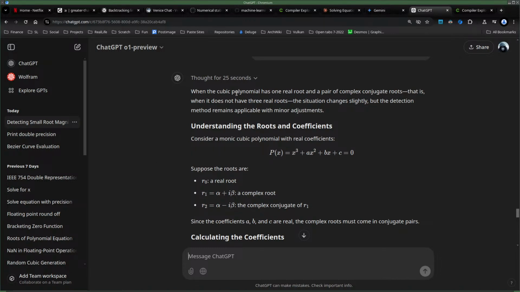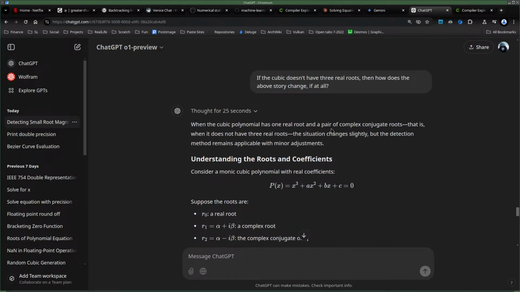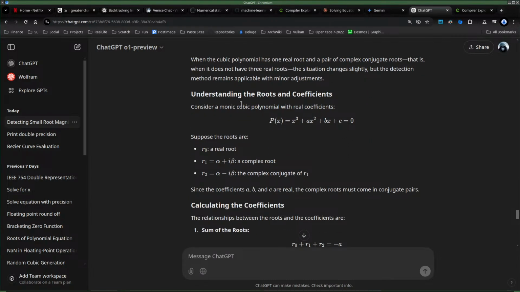Okay, let's say when a cubic has one real root and a pair of complex conjugate roots, that is when it does not have three real roots, the situation changes slightly, but the detection method remains applicable with minor adjustments. Understanding the root and coefficients, consider a monic cubic polynomial with real coefficients.